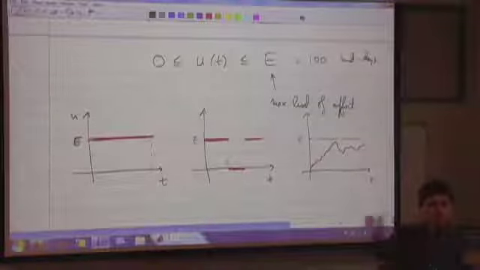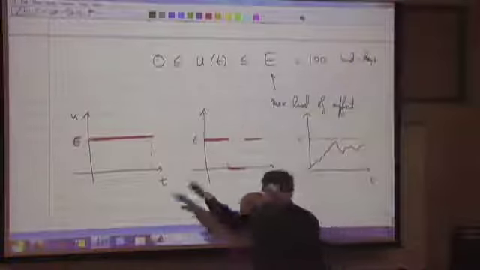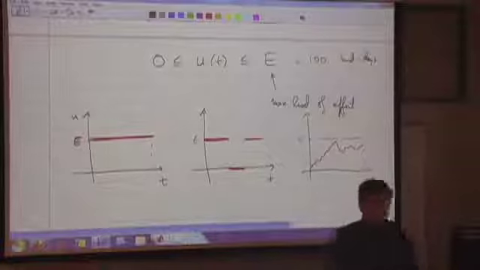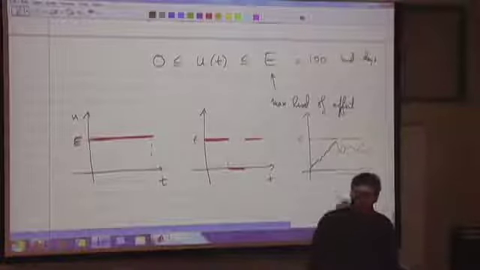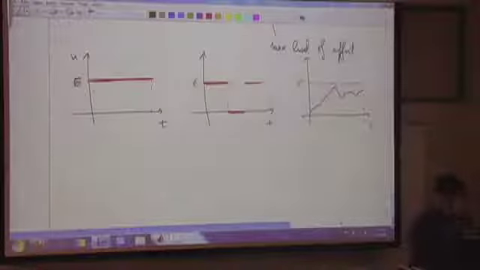Generically, we'll call it the objective function, J. But you see how many ways you can have that control, lots of different patterns of control. So this is all admissible.